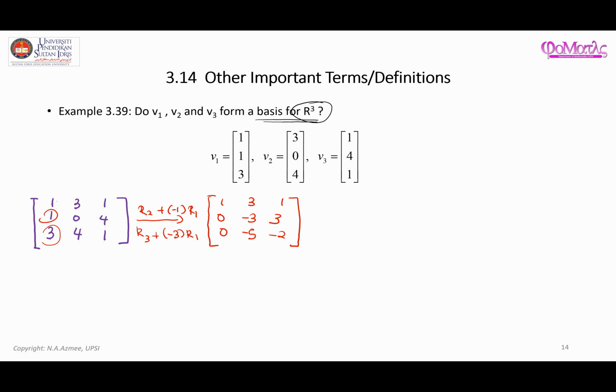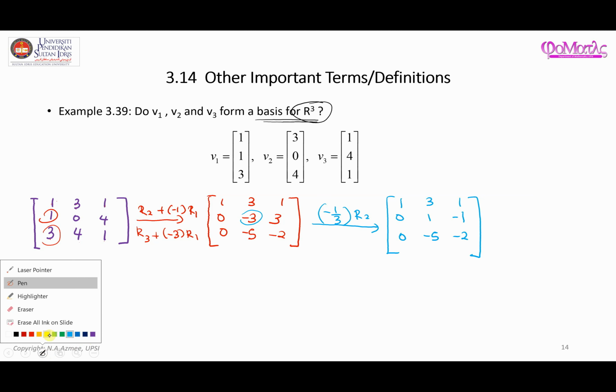Next is to turn this to be 1. So therefore, -1/3 times the second row, and the result that we will get is as such 0, 1, -1. Here is 0, -5, -2. Next, what we can do is change this to be 0.